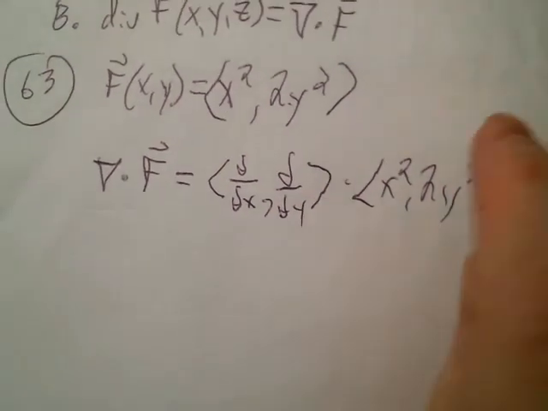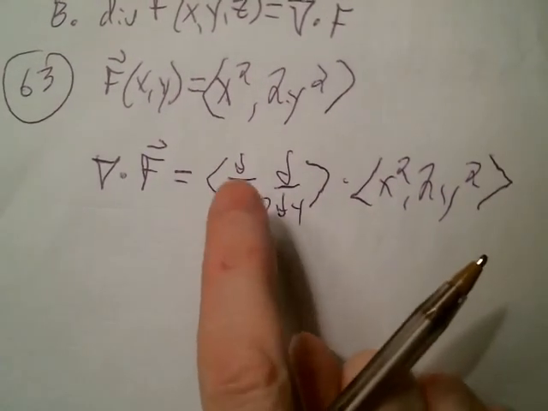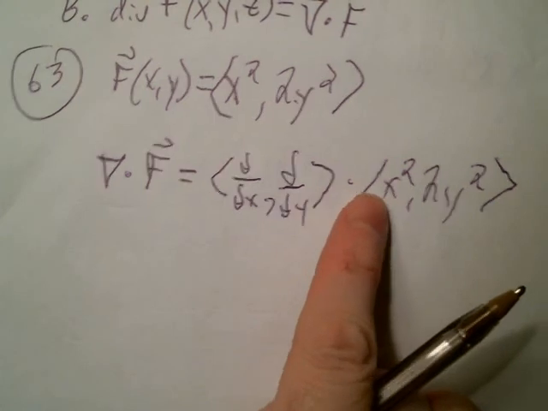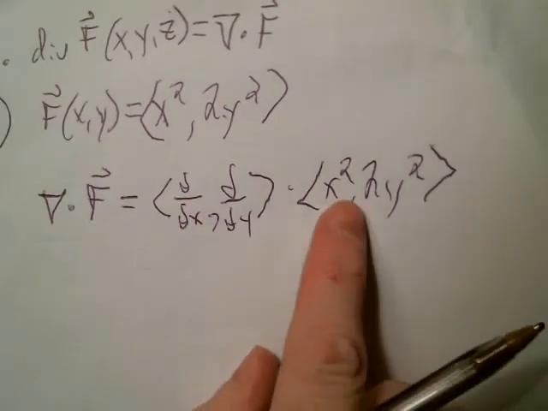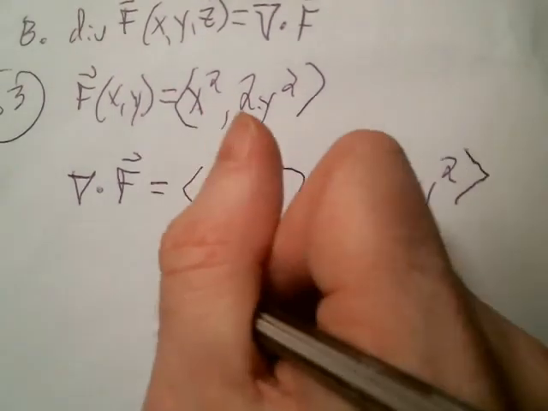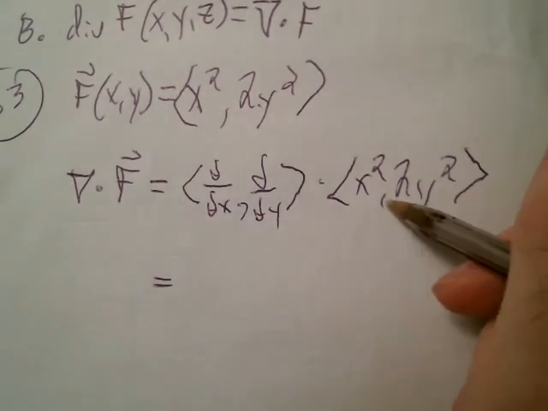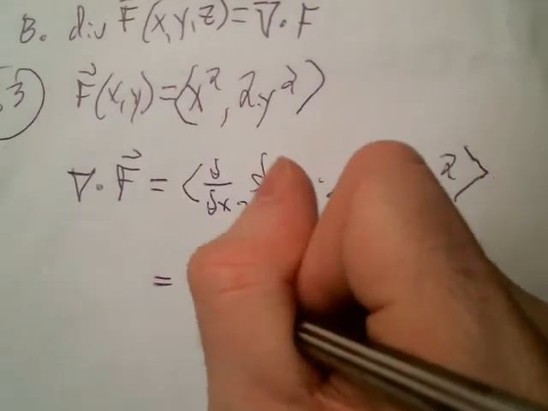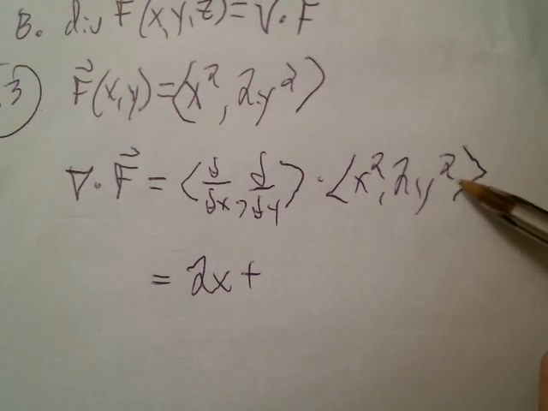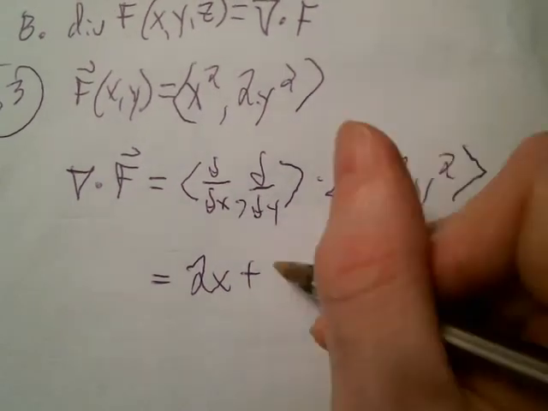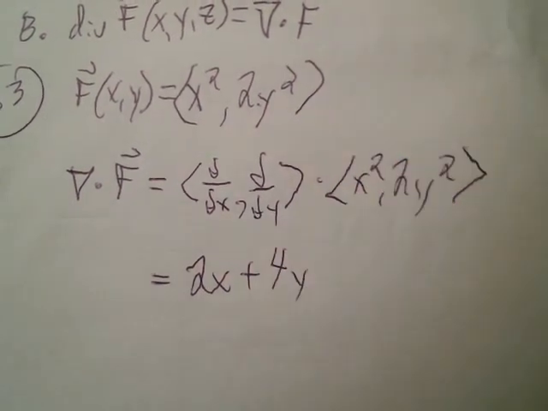And it's not really this times this anymore. It's the partial derivative of this. So the partial derivative of x squared with respect to x is 2x. Then the partial derivative of 2y squared with respect to y is 4y. Okay, so that's that.